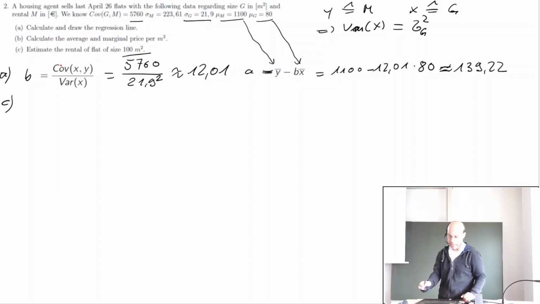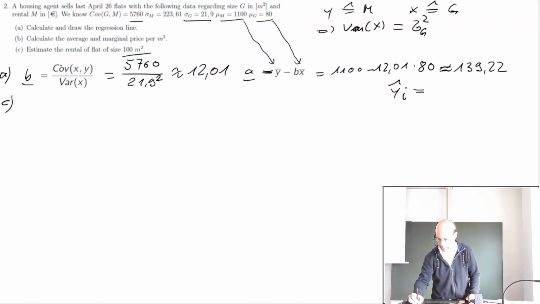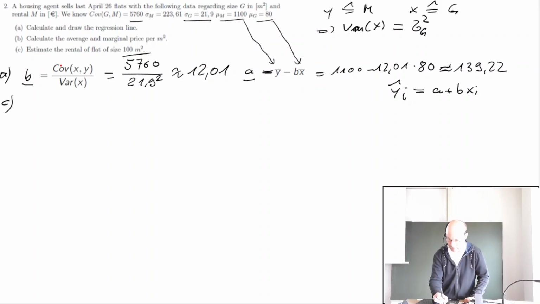Well, now we have A and B. And remember, our theoretical values, estimated values, are just A plus B xi. Yes, of course. So we obtain, how do I write it?